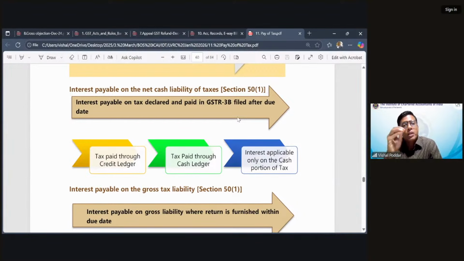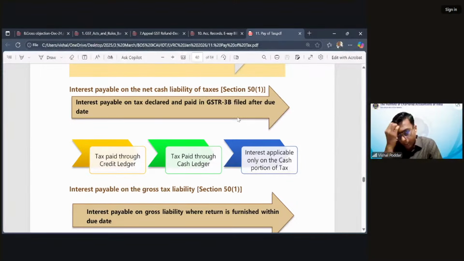Then I will be paying interest or calculating interest on the net liability. So in this whole return, let us say my gross liability is 1000, credit ledger which I can utilize is 600, and the amount which I have to pay through cash ledger is 400. So I will be computing interest for the period for which I am late for only 400 rupees, which is the net cash liability.